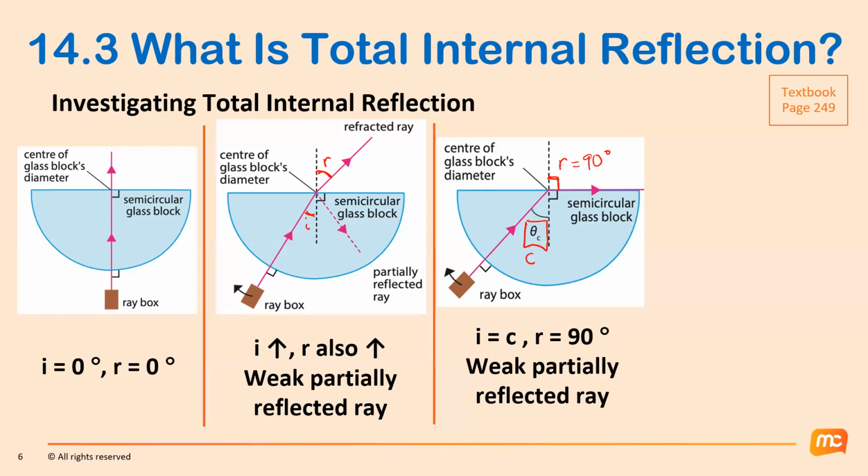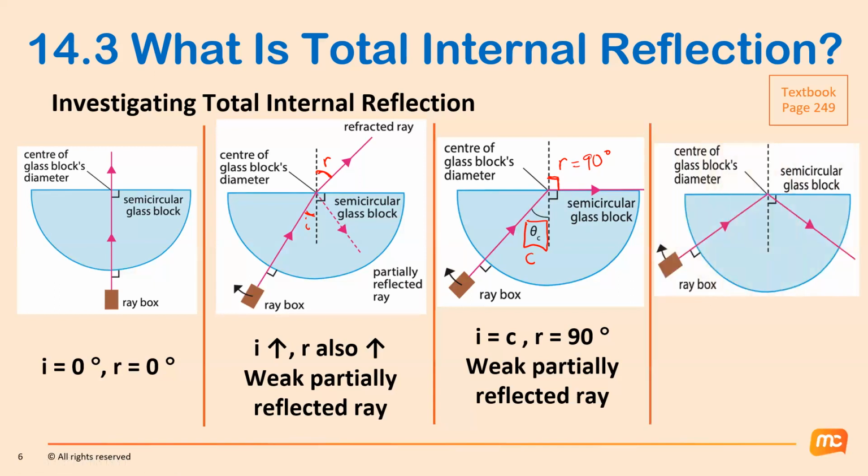What happens if I continue to increase the angle of incidence again? My R would already be 90 degrees. If I increase again, I will no longer undergo refraction anymore. I will undergo what we call total internal reflection. Now this angle I is greater than the critical angle C. So you can see that instead of coming out flat at C, 90 degrees, I will bend inwards.